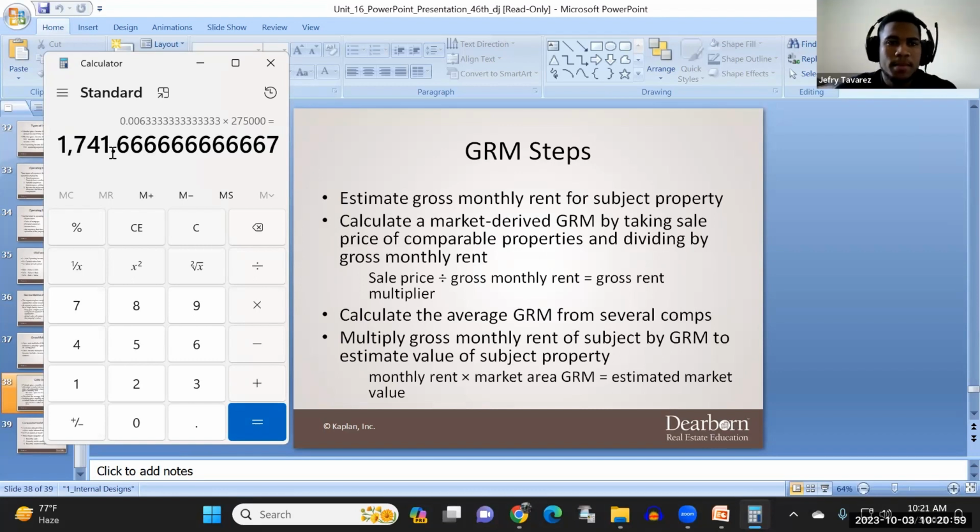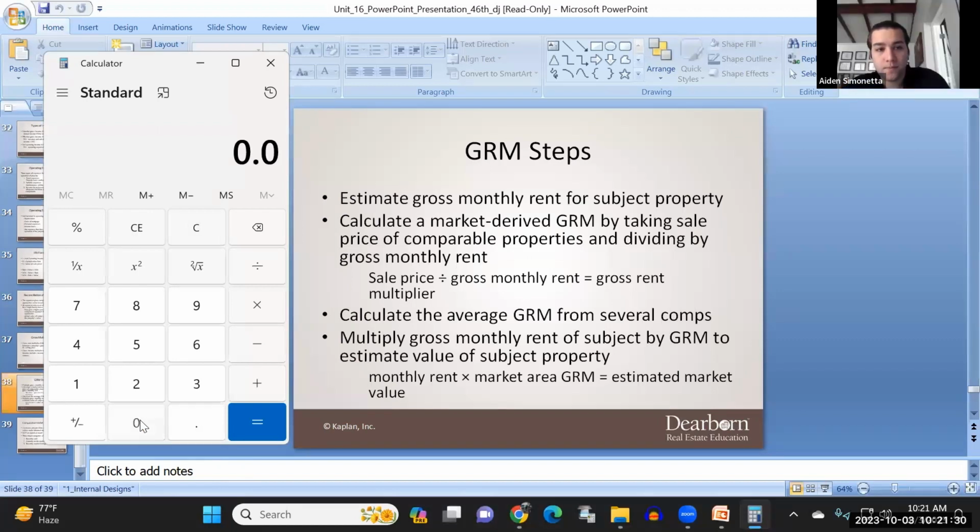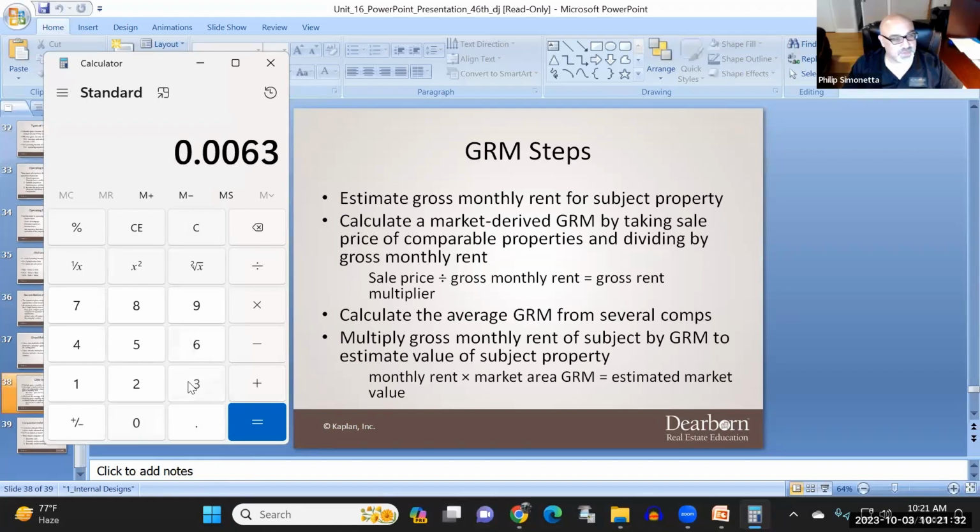Yeah, kind of. So the rent multiplier allows you to make the houses equal depending on the sale price. Let me divide by 275, and it was 0.0063333, whatever.